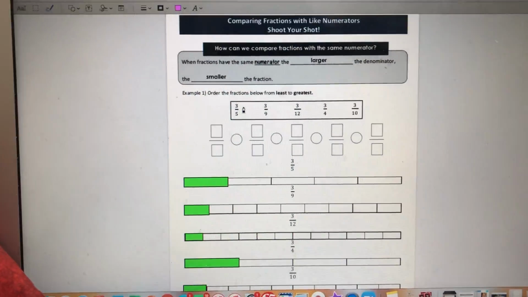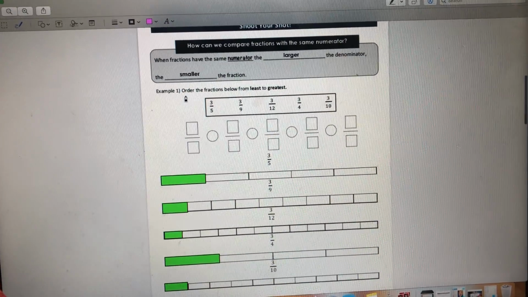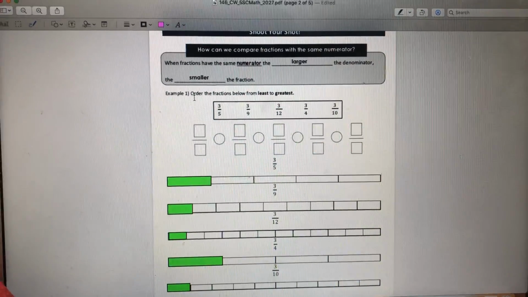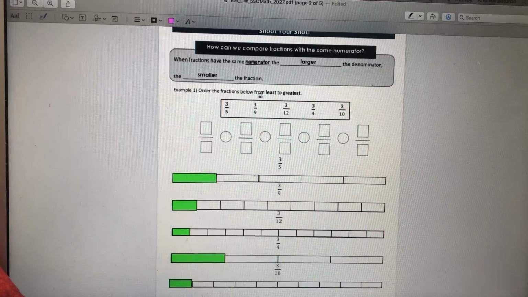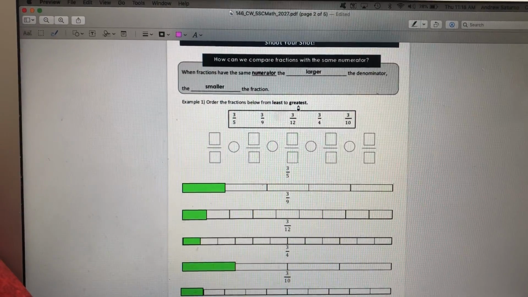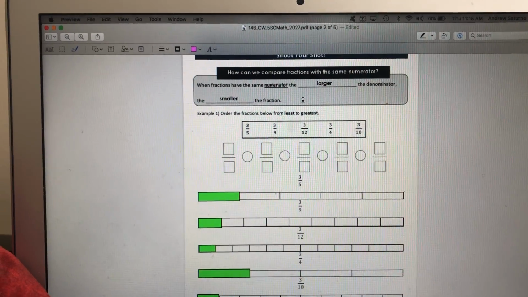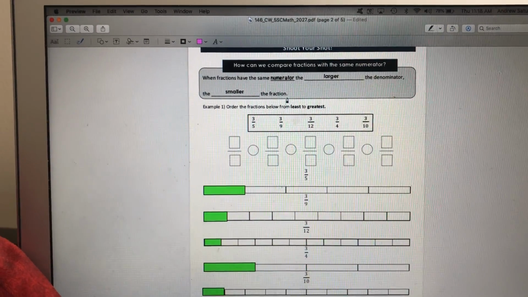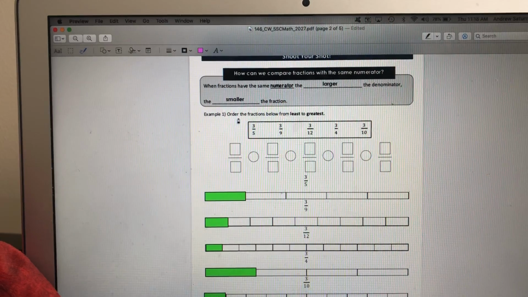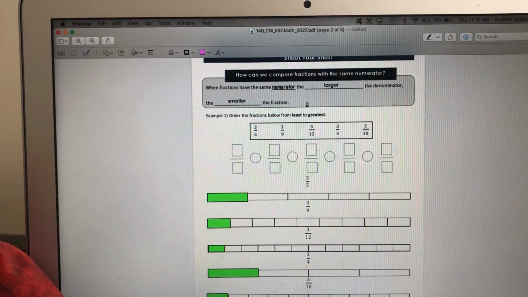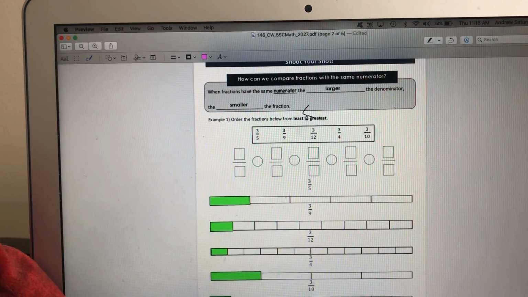Let's do this example first. First thing we always do when we read a problem like this, order the fractions from greatest to least, or from least to greatest, excuse me, we're going to make sure we read the problem carefully, like I just didn't. Yikes. And now we're going to actually reread that again. Order the fractions from least to greatest. Gator eats the greater.